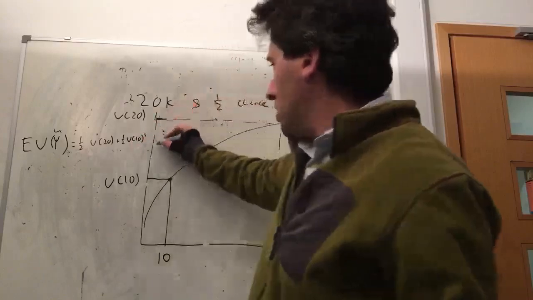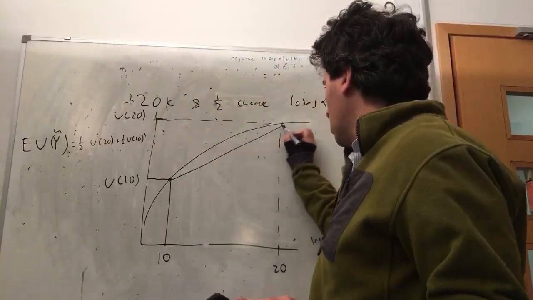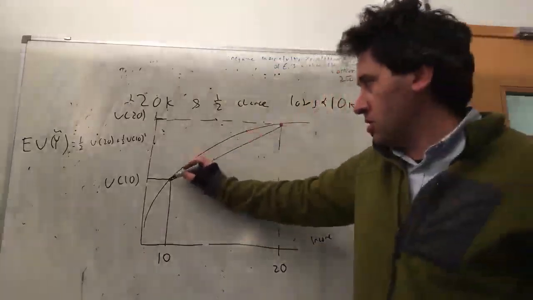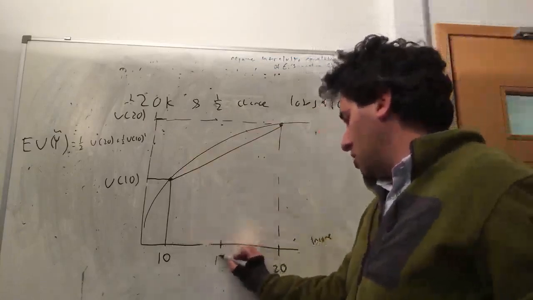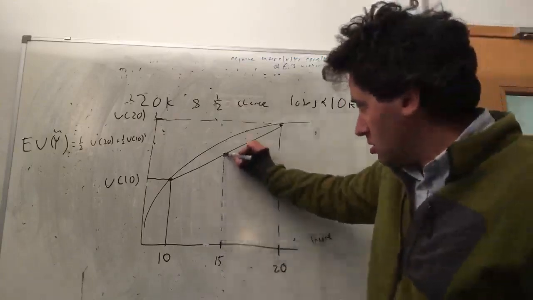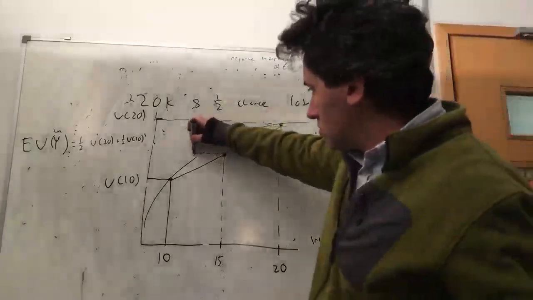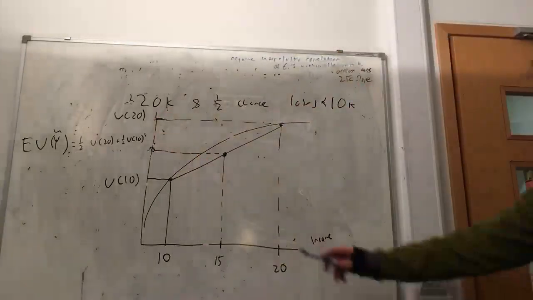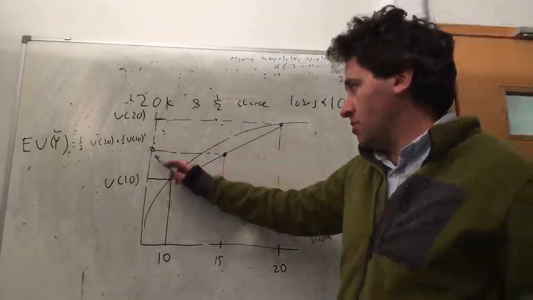So it's halfway between here and here, which we can show geometrically is also the point on the line connecting this point and this point. If we project up from halfway between, namely 15,000, this is their utility of being uninsured, when they're facing this risk, half the time here, half the time here.